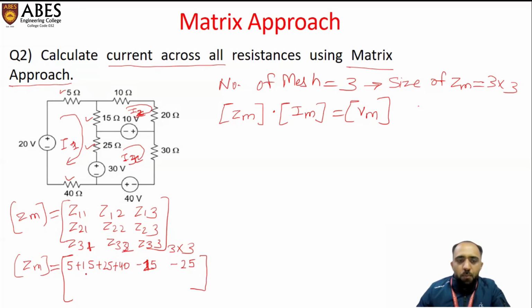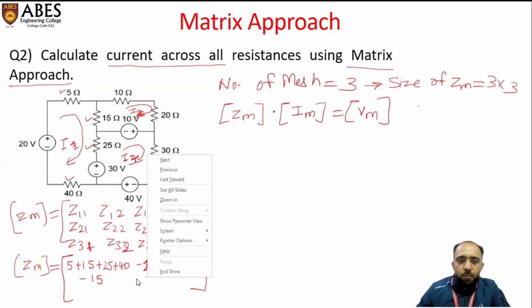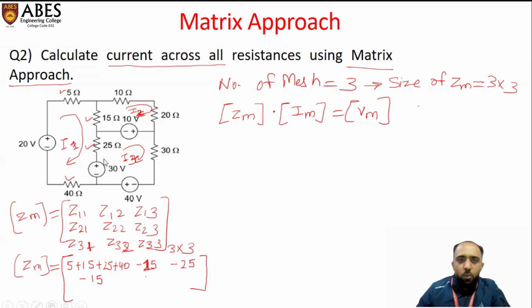What is Z21 now? We need to find out the Z21. In between 2 and 1, again it is minus 15. Sorry, Z22 means 10 ohm, 20 ohm and 15 ohm. What will be the Z23? No resistance in between 2 and 3, so 0.